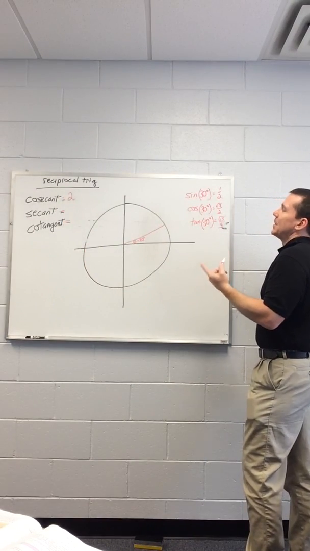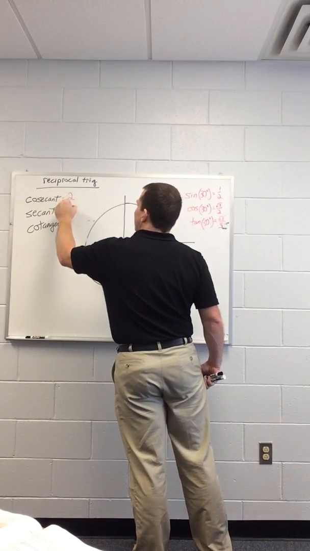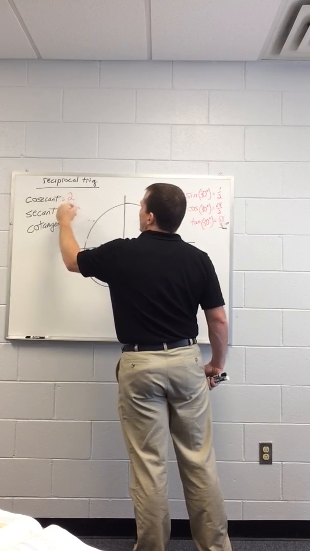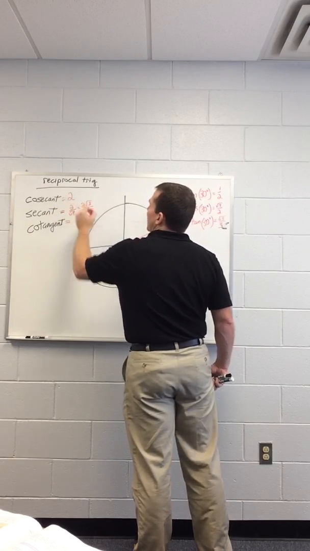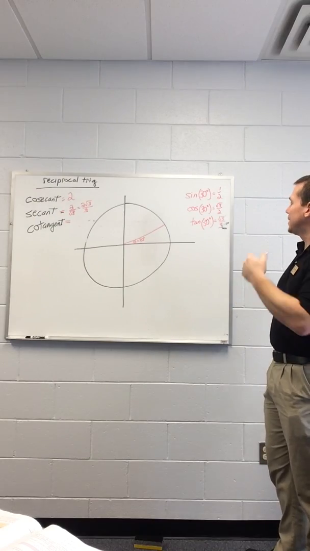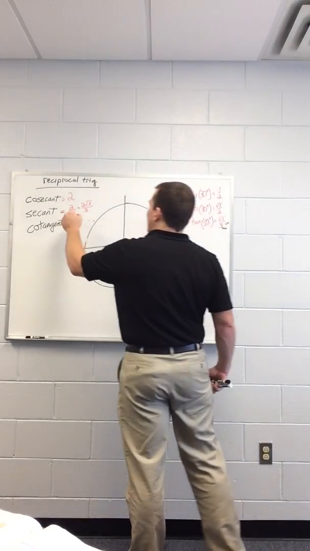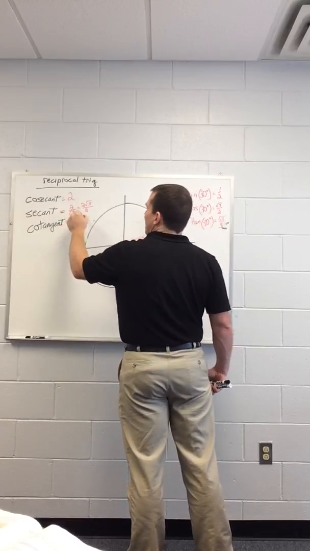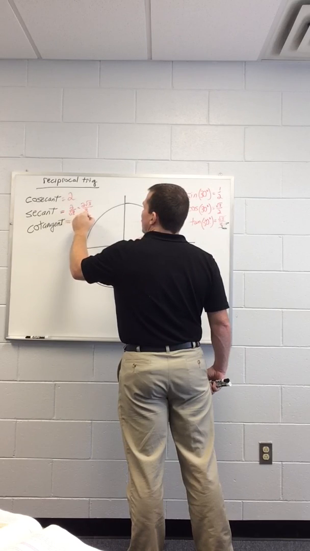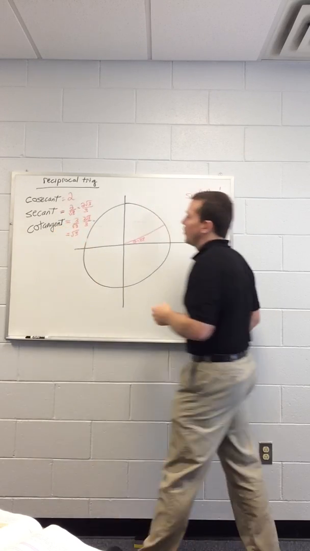The secant of 30 degrees, cosine is √3/2, so secant is 2 all over √3, which we would then multiply by √3 on top and bottom and get 2√3/3. Cotangent is the reciprocal of tangent. Tangent is √3/3, so cotangent is 3 all over √3. Multiply by √3 on top and bottom, and you get 3√3/3, which then just becomes √3.